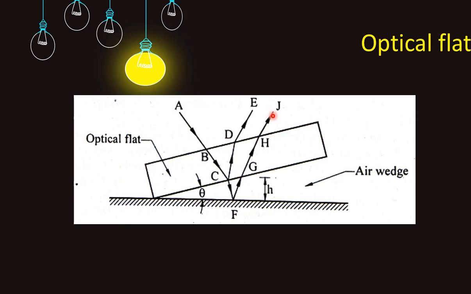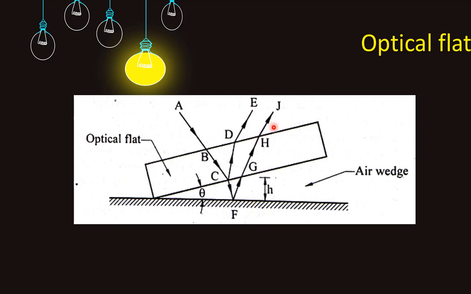The path traveled by both the reflected rays differs by an amount CFG. In other words, the second component of the ray lags behind the first by an amount equal to twice the air gap.